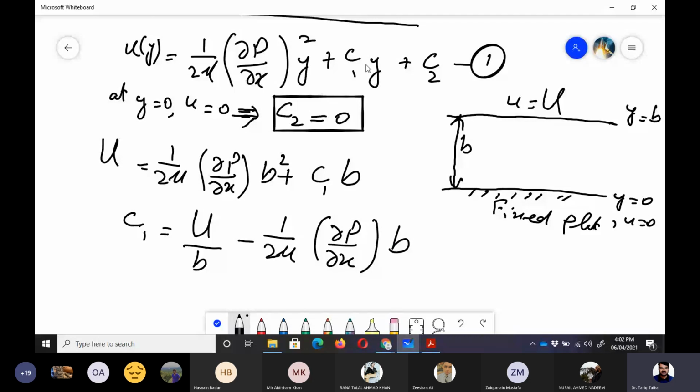So now we need to put this back into the general solution.